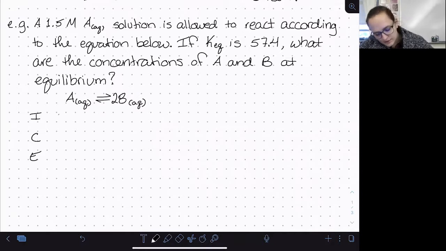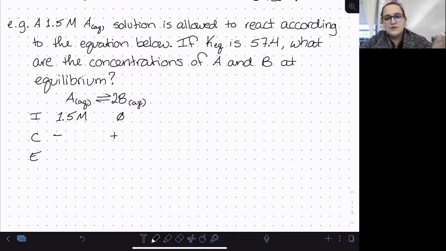So we are told that we are starting with a 1.5 molar solution of A and no B. So as this runs towards equilibrium, it's going to go in the forward direction. Because we have no product initially, we need to create some product and we will consume some reactant to do that.